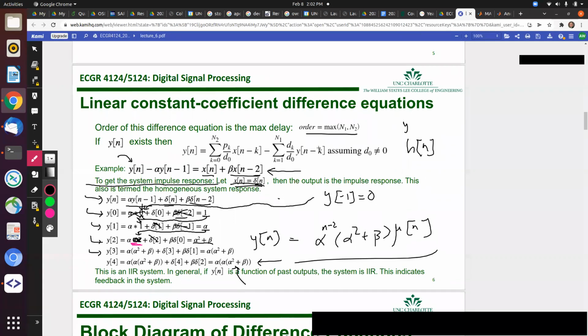So it's not the total solution; y of n is equal to h of n because x of n was equal to the delta function. So how will we know that y of minus 1 equal to 0 applies in this particular example? In the homogeneous solution, you always set the input to 0, so it's assumed to be a system at rest.